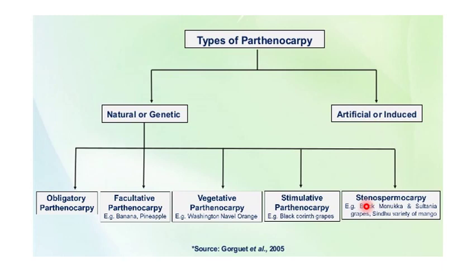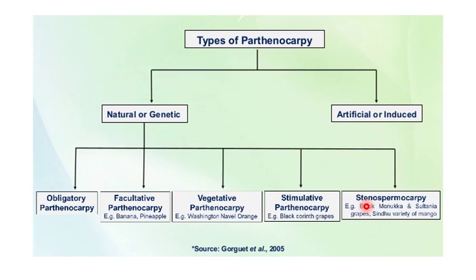Stenospermocarpy. Stenospermocarpy may also produce apparently seedless fruit, but the seeds are actually aborted while they are still small. It usually occurs as a mutation during the reproduction process.